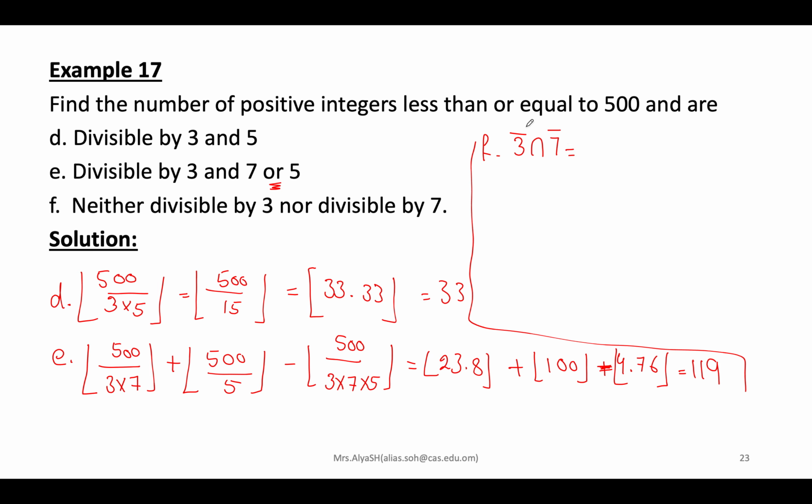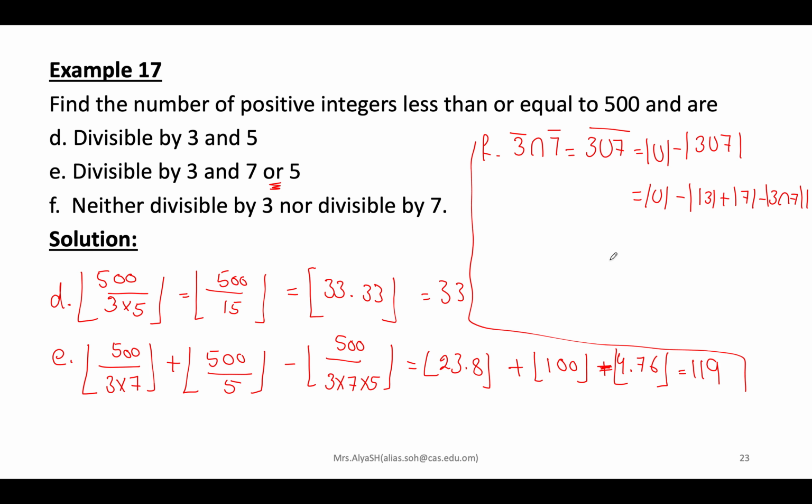So if we replace this with its original, then we will get the complement of 3 union 7. This equals the elements in the universal set minus the elements in 3 union 7. So this also equals all the elements that I got minus divisible by 3 plus divisible by 7 minus divisible by 3 intersect 7.